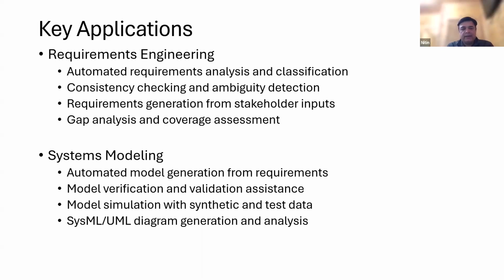For systems modeling, Gen AI can generate models from the textual requirements. It can integrate models with the modeling tools, supply synthetic inputs and observe results so that we can get a comparative analysis beforehand, before implementing the system itself.